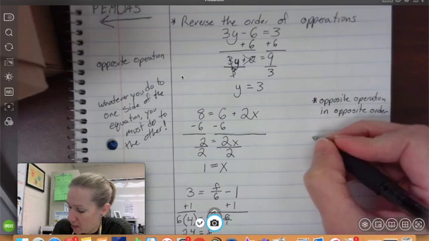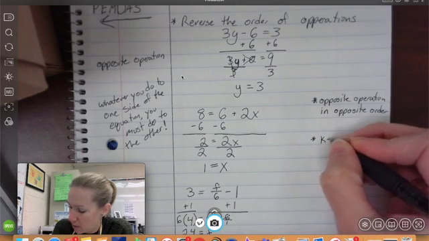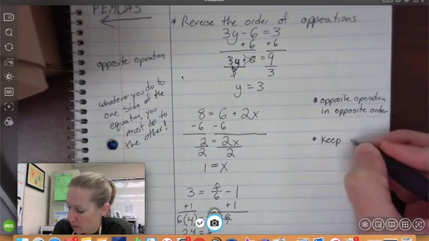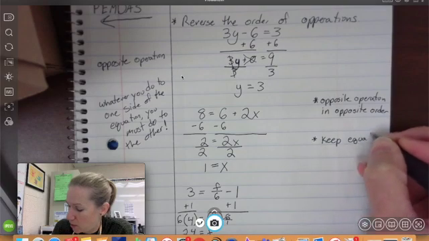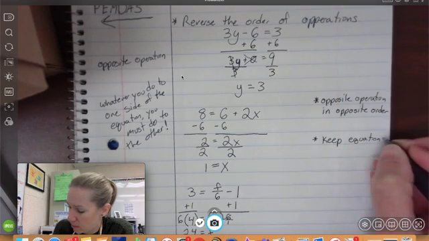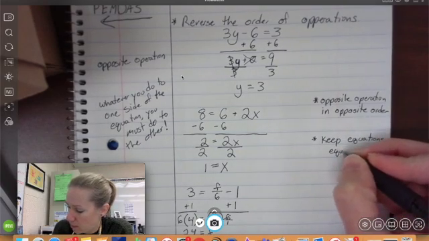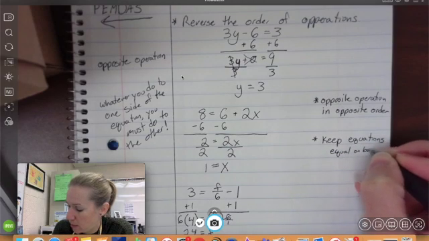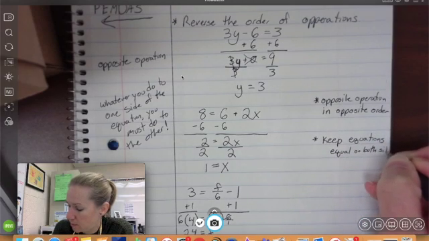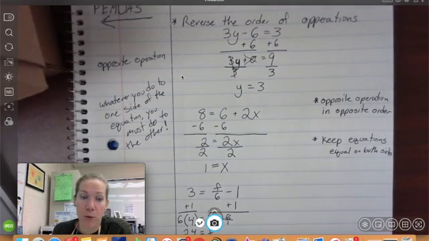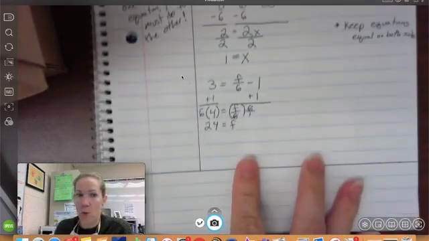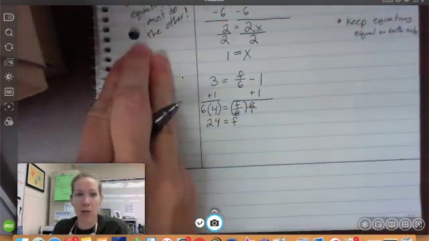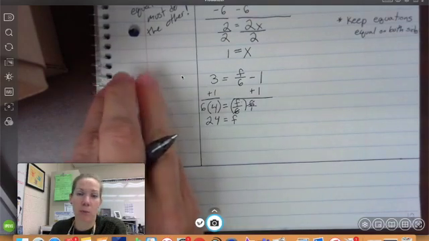And don't forget to keep equations equal on both sides. That's pretty important.